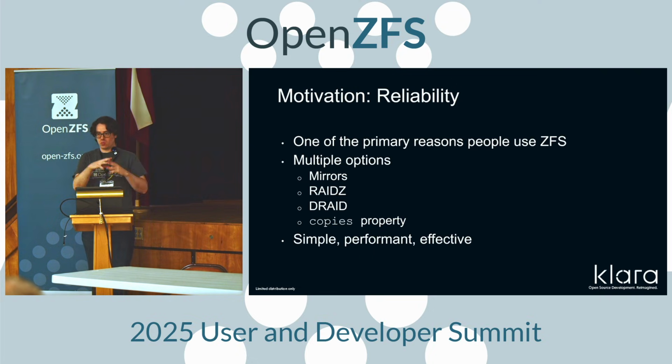There's RAID Z VDEVs, which have better space efficiency, but have other trade-offs. DRAID is sort of the newer hotness, although it's been around for a little while now, expanding the RAID Z capability and giving it more interesting features. One odd duck is the copies property, which lets you set at a per data set level and store multiple copies of critical data, but it has its own little trade-offs that we'll talk about.